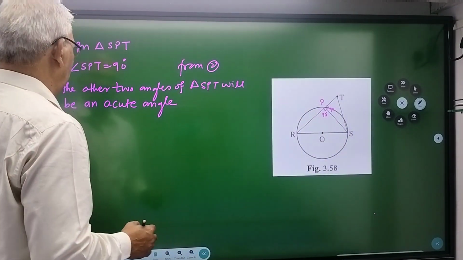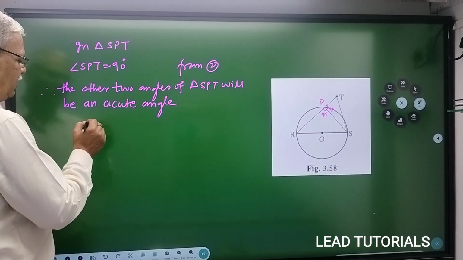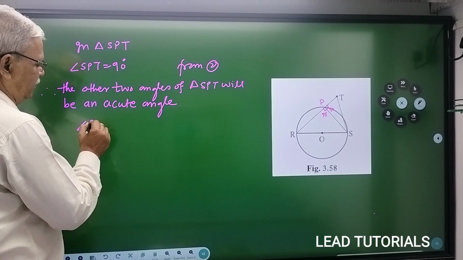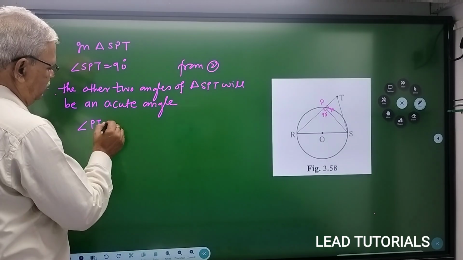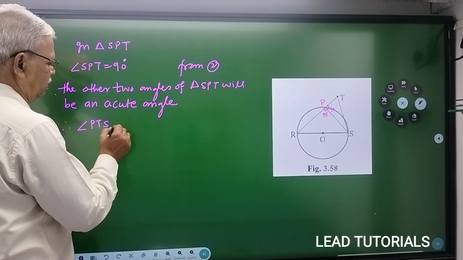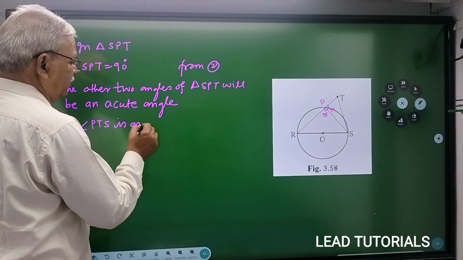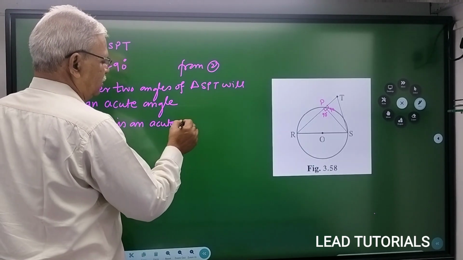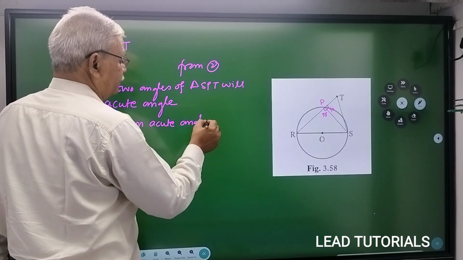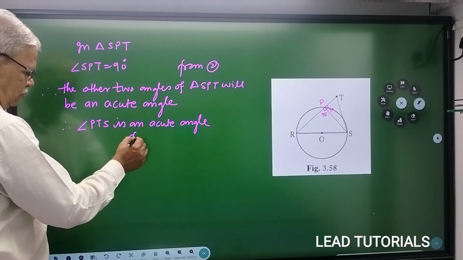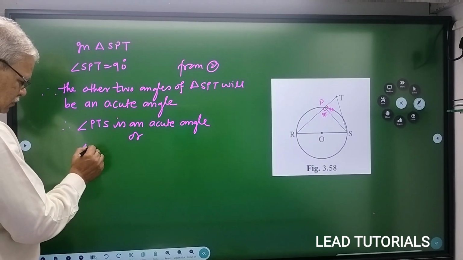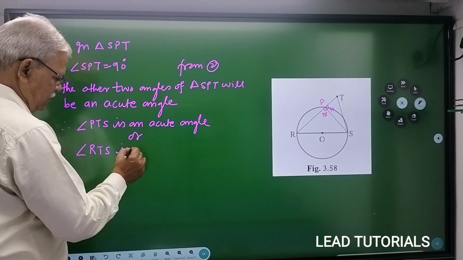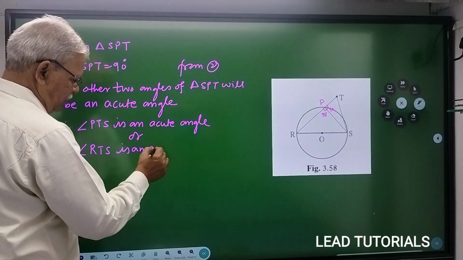Therefore, here we can write that angle PTS is an acute angle. RTS is an acute angle.